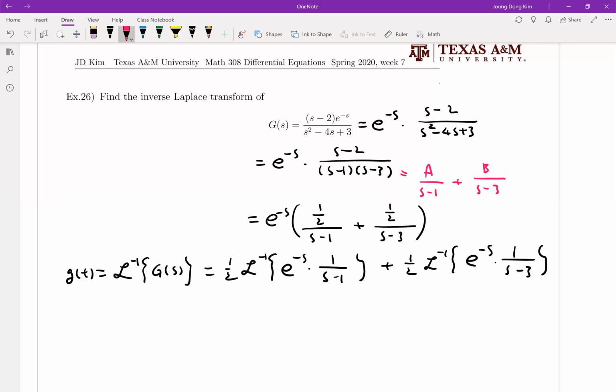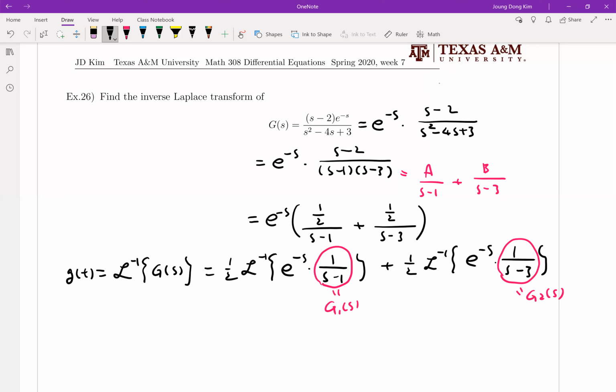In the table, it was noted by u_c(t) g(t minus c). Let's say this is G1(s) and this one is G2(s).